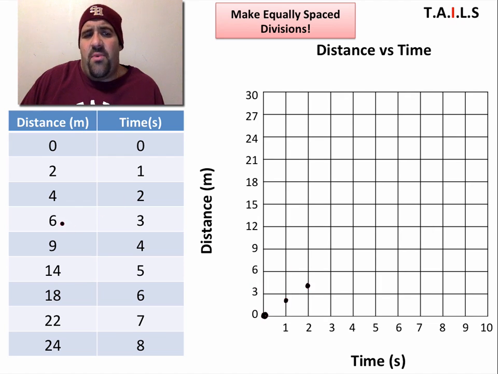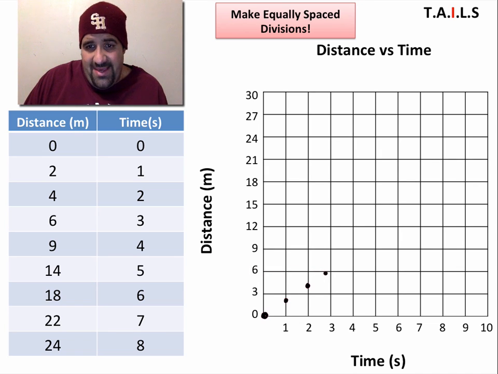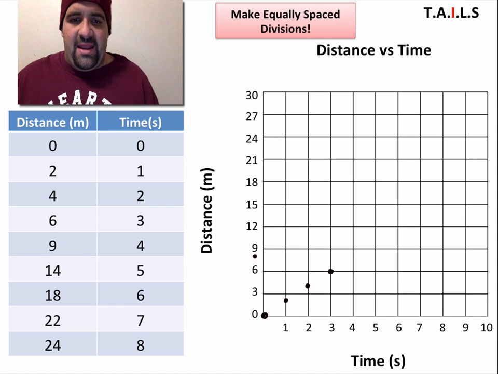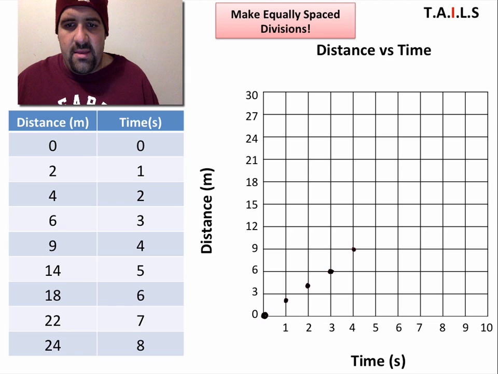When we're at a distance of 6, right here, the time is, of course, 3 seconds. So we go over to where 6 and 3 intersect. 3 is going up, 6 is coming over. They intersect right there. That's another point. And, of course, we have 9 and 4, where 9 and 4 intersect.